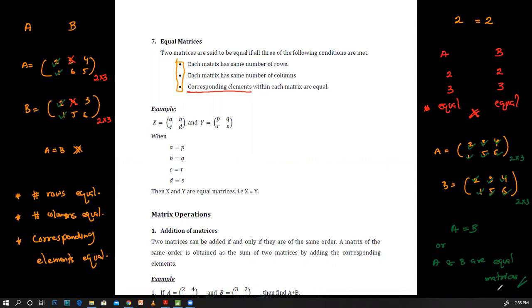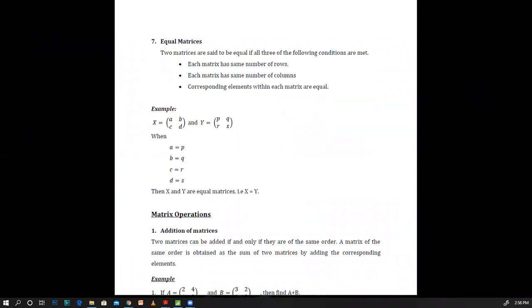Okay, now we will focus on the example illustrated for these equal matrices. Here it is given in this way.